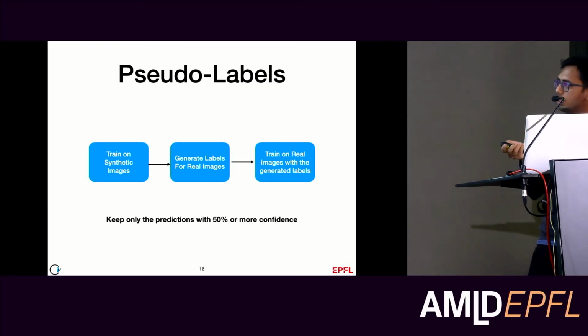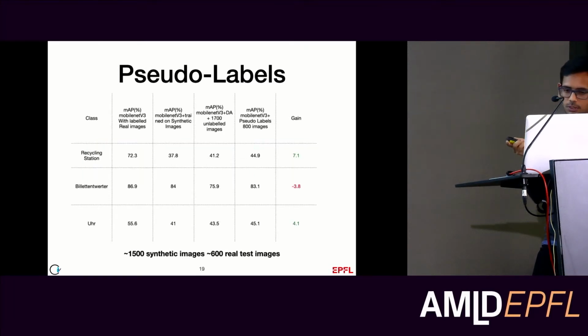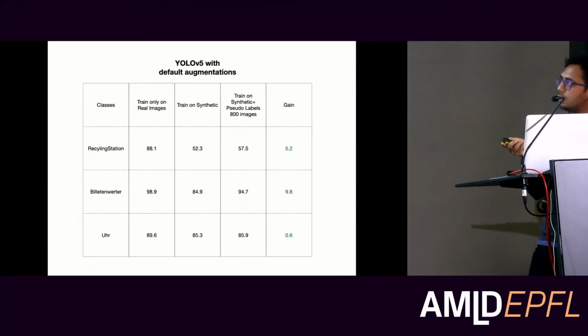We threshold the predictions we use to retrain at above 50% confidence. And over here, what I would like to show is that there is a boost from just using domain adaptation, but there's a much bigger jump from synthetic to the pseudo-label setup. So this simpler technique is still very robust in this scenario.